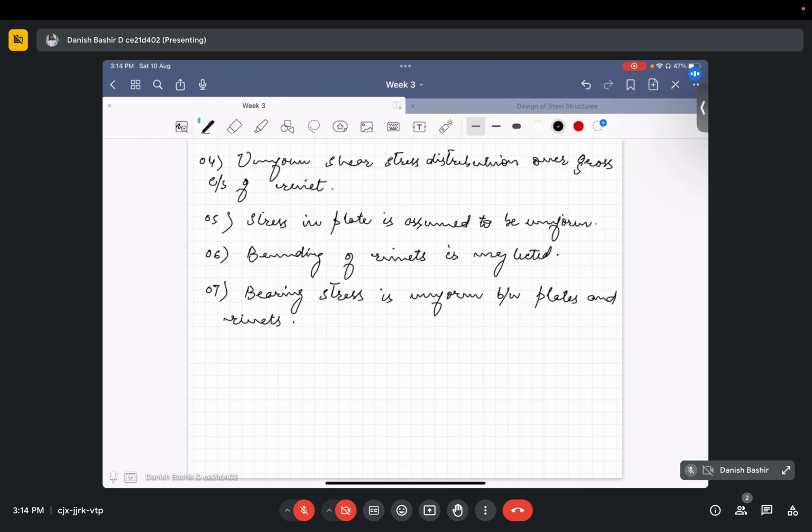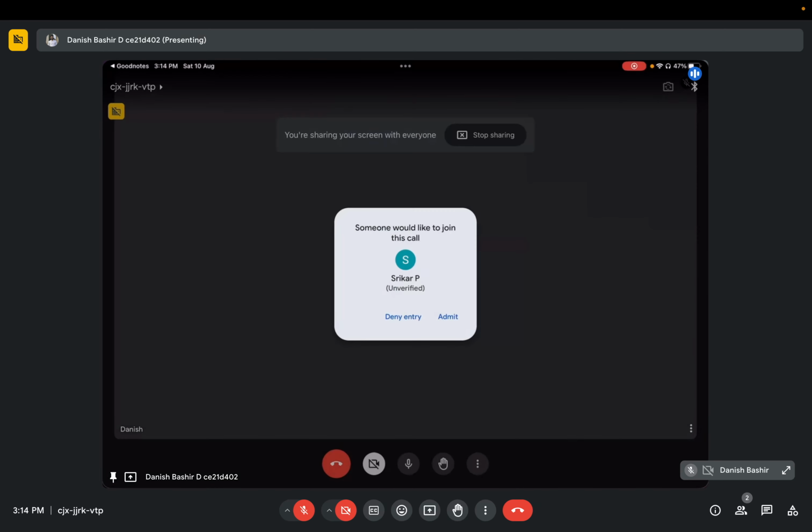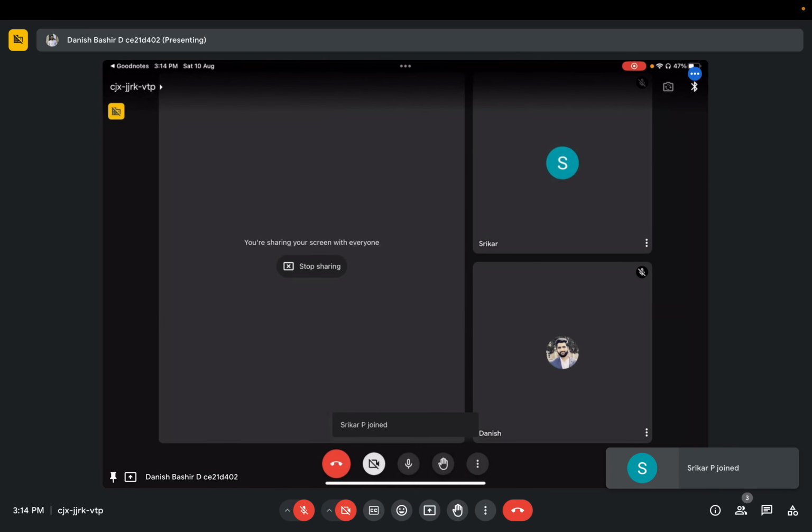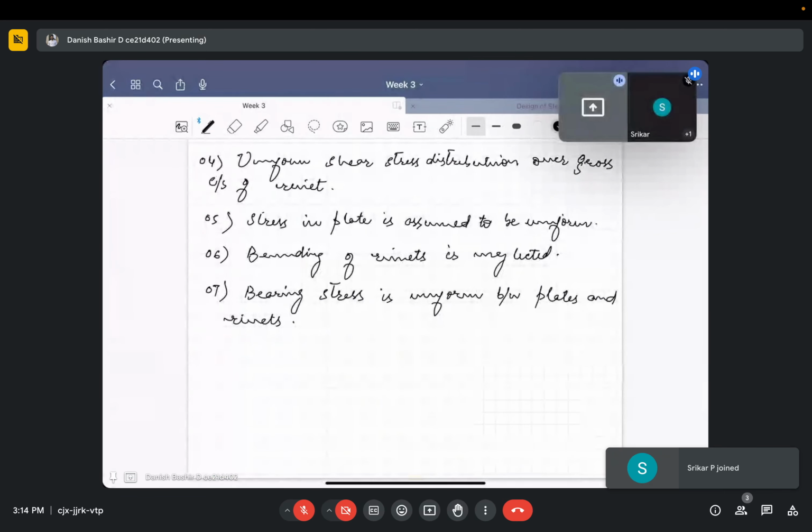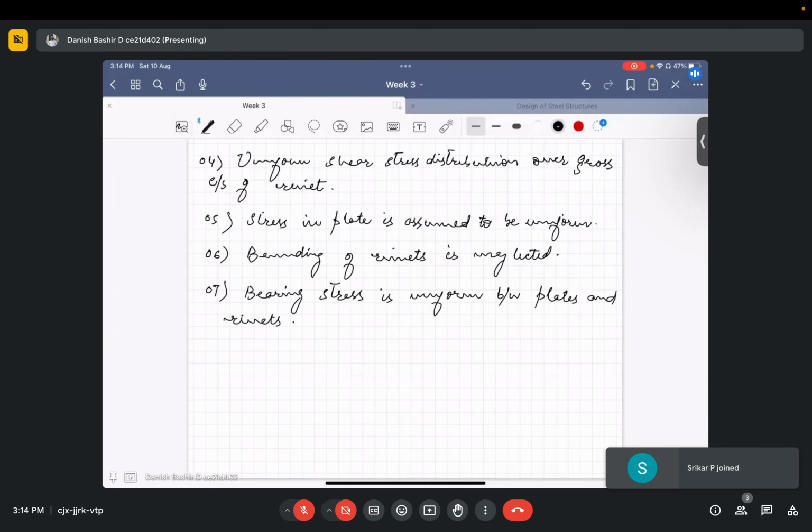We assume that this bearing stress is uniform between plates and rivets. This is the seventh assumption. Then moving forward.